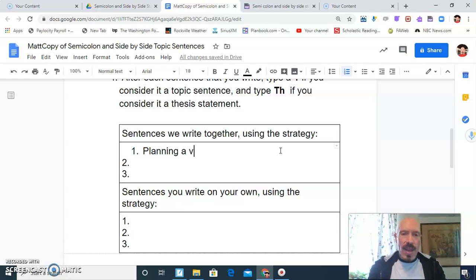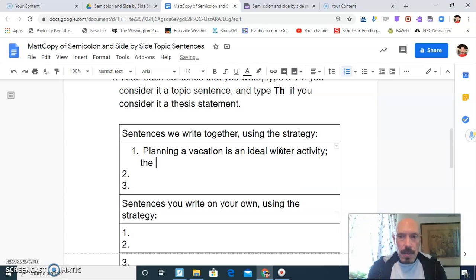So planning a vacation is an ideal winter activity; the trip becomes the focus of your near future.